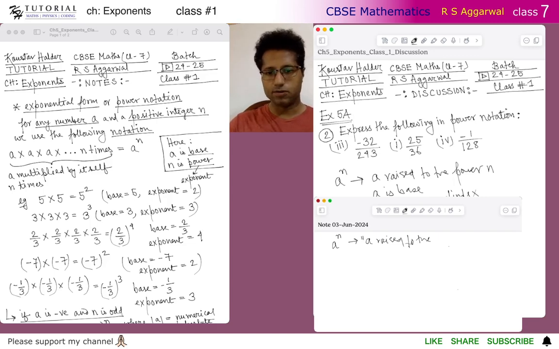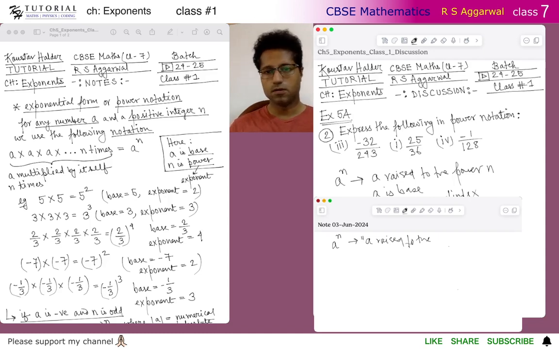So what is a to the power n? It is nothing but multiplying the number a by itself n times, which in short form is written as a to the power n.